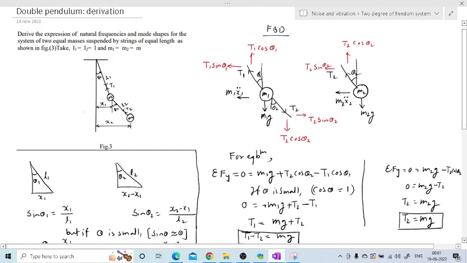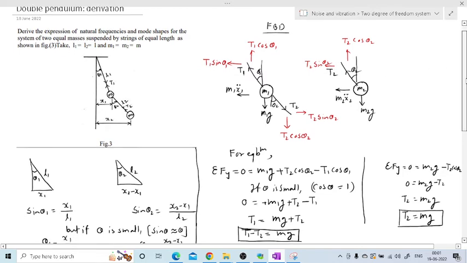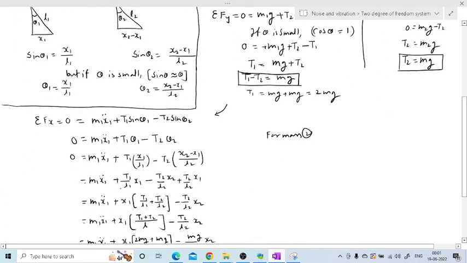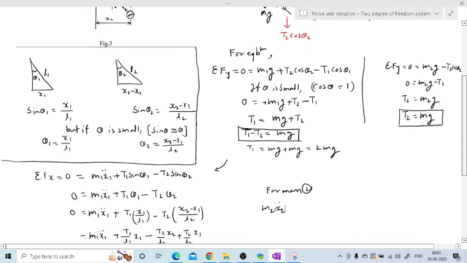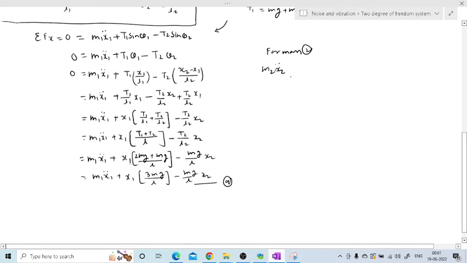See, m2 x2 double dot plus T2 sin theta 2 will be equal to m2 x2 double dot, minus T2 sin theta 2 will be 0 plus T2 sin theta 2 will be equal to 0.